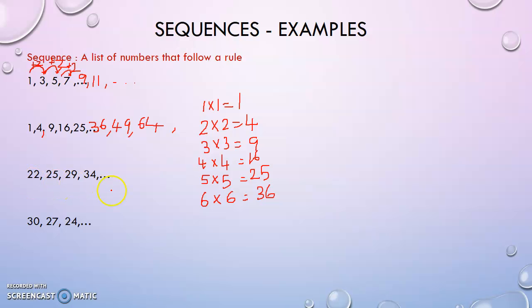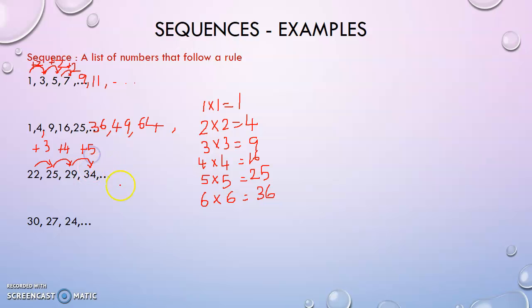Let us look at these numbers and find out, is there a rule? Does this form a sequence? Here, 22 plus 3 is 25. Plus 3. Now 25 plus 4 is 29. 29 plus 5 is 35.